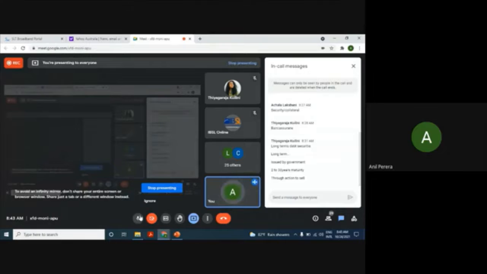Second one, financial lease. What is a lease? It's a type of facility in which a company leases out certain assets to users for a specific period of time.